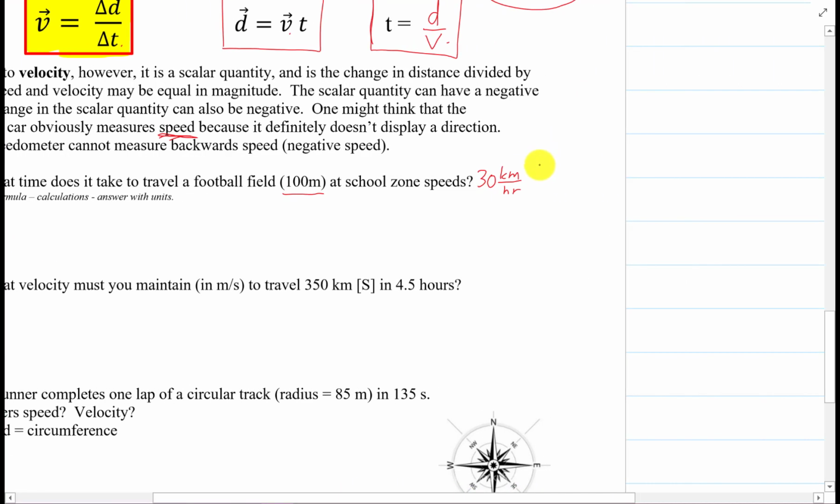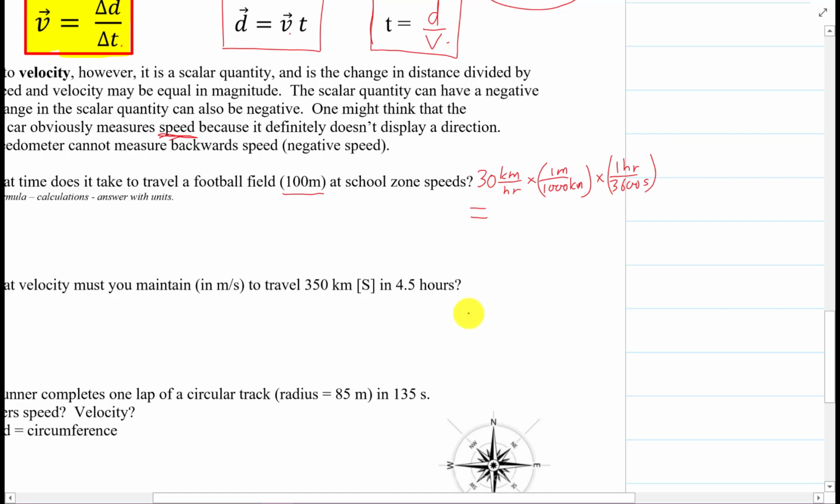Okay, we multiply this by 1 meter over 1,000 kilometers, and then we multiply this by 1 hour over 3,600 seconds.